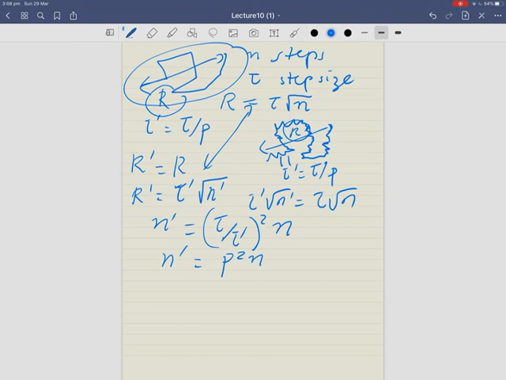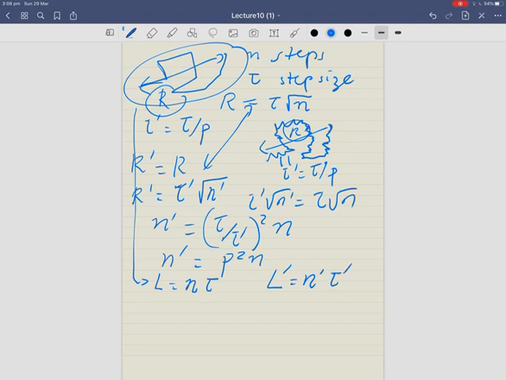Now, what do we want to do next? We want to figure out the contour length. In our original random walk, the contour length L was equal to n times tau, just adding up all the different bits. The contour length of our new walk, L prime, is equal to n prime tau prime.